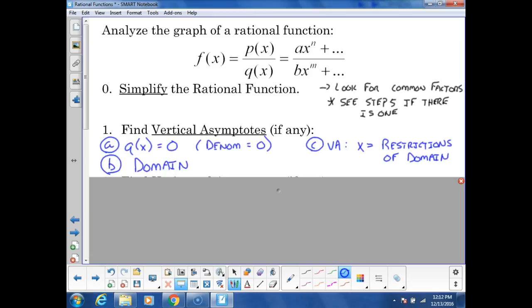As many as the degree of the denominator, right? Okay. So can there be 0 vertical asymptotes? Yes. Can there be 1 vertical asymptote? Yep. Can there be multiple vertical asymptotes? Yep. Okay. So we can have 0, 1, or multiple.